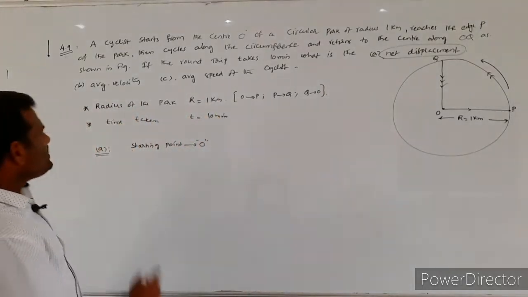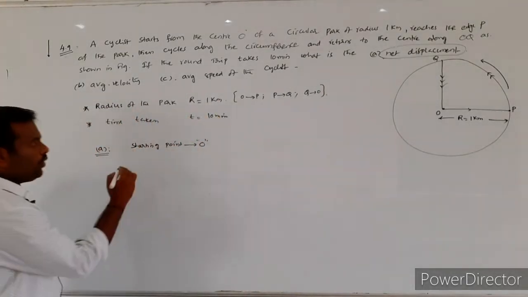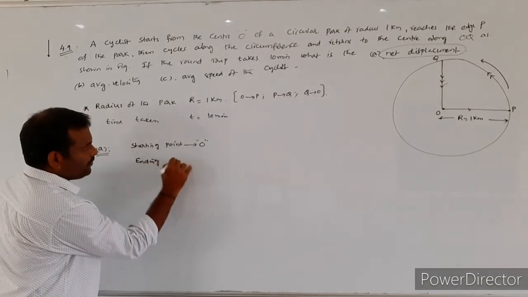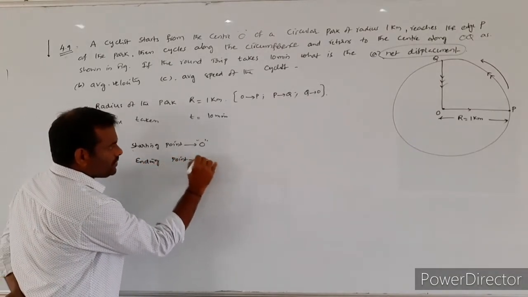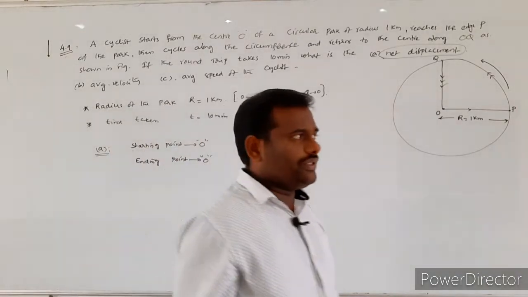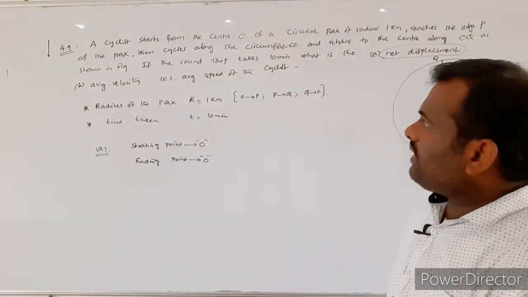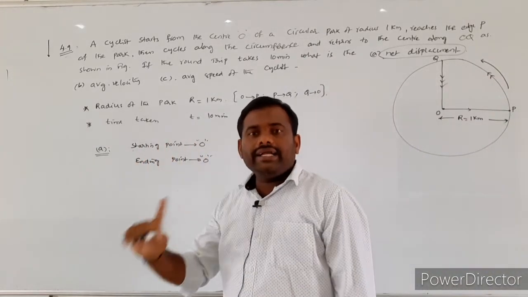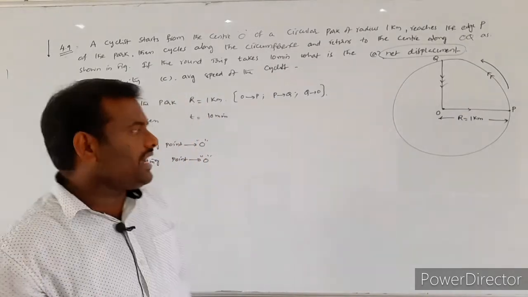So the starting point is O and the ending point is also O. From this what did we observe? For the motion of the cyclist, the starting point and ending point coincide.